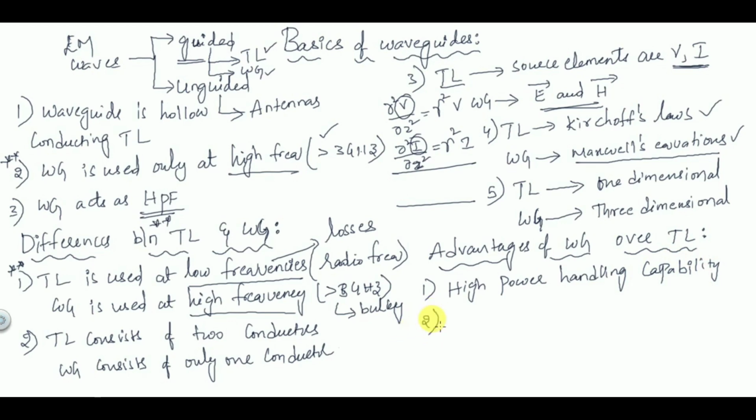Second is low loss per unit length. And the last advantage is simple construction, because it has only one conductor. When it is simple in construction and has only one conductor, it will automatically be of low cost.